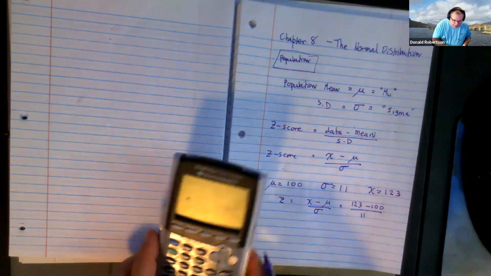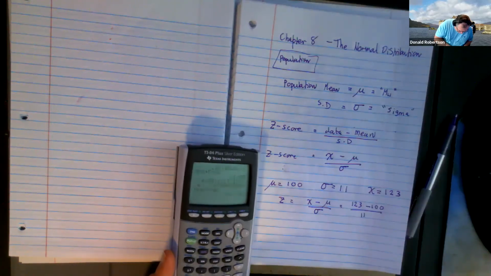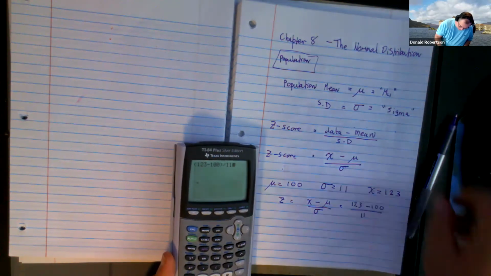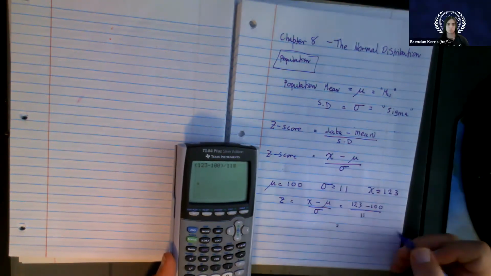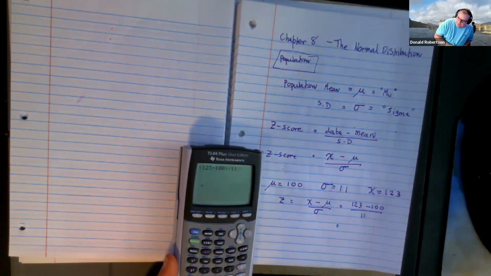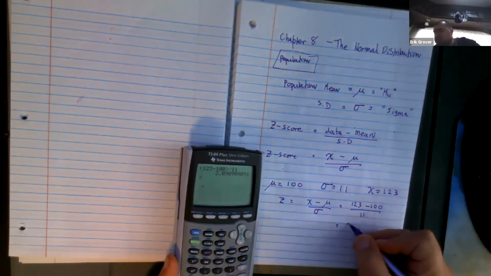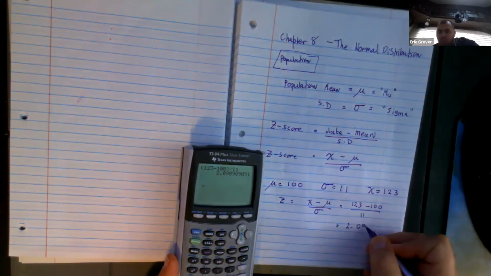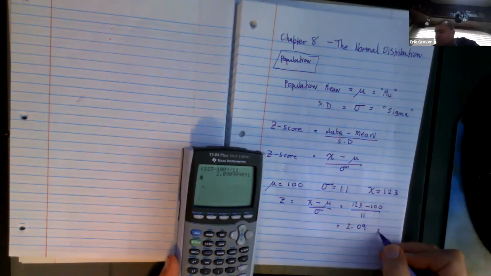On your calculator, you do a bracket, 123, take away 100, close the brackets, divided by 11. Why did I put brackets around the top? So that the calculator doesn't do 100 divided by 11 first, to get the order correct, because of PEMDAS. To 2 decimal places, unless the question says otherwise, let's assume that all answers are to 2 decimal places.